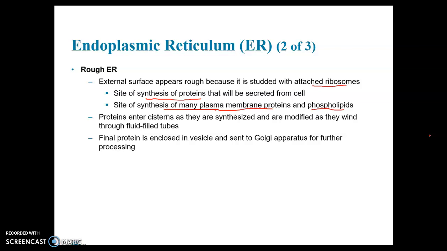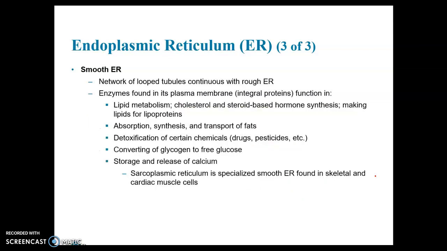Smooth ER does synthesize most lipids, though. And the final product of the rough ER is most of the time enclosed in a vesicle and sent to the Golgi apparatus. So it's like a factory producing a product, starting in the rough ER and then ending up in the Golgi apparatus where it's packaged.